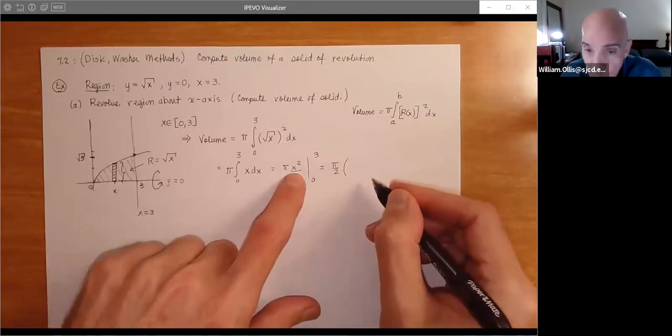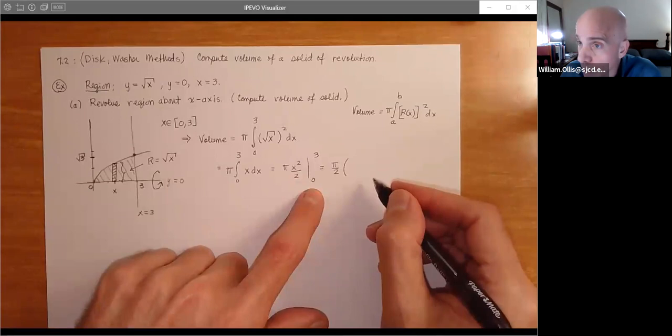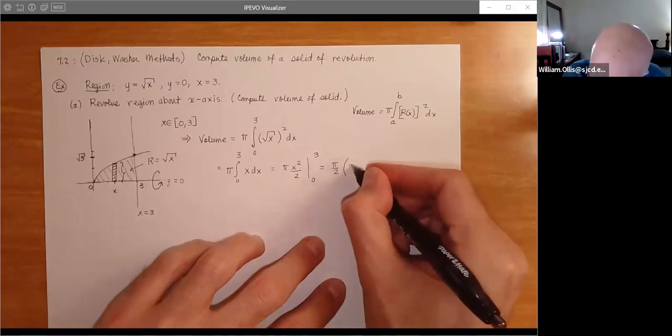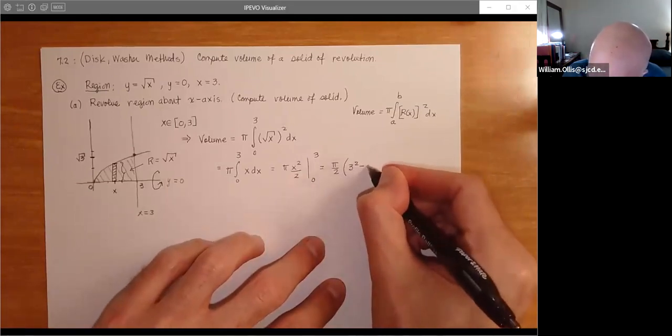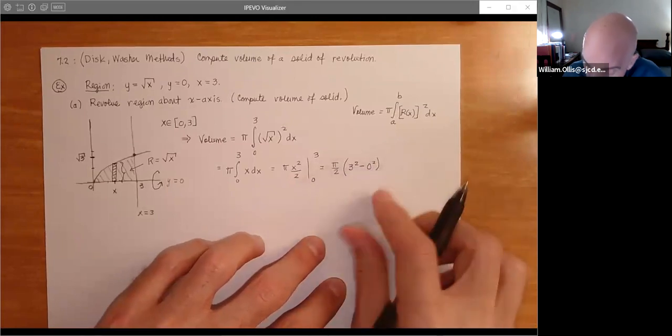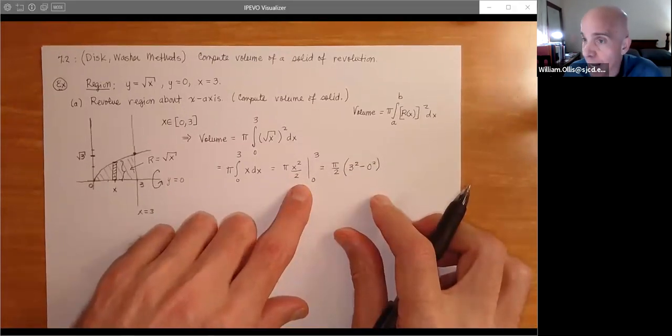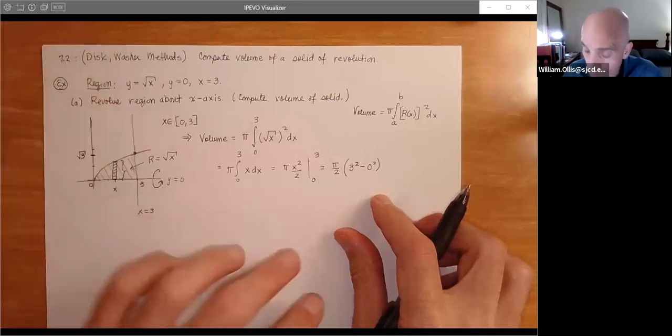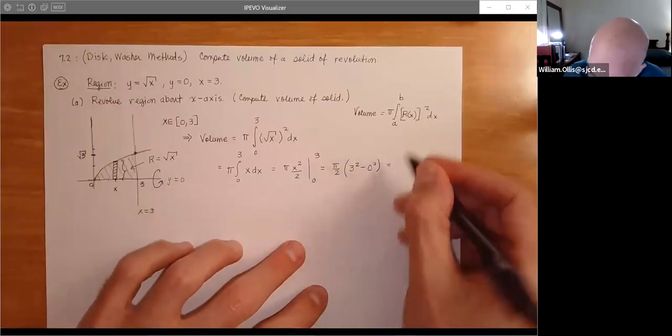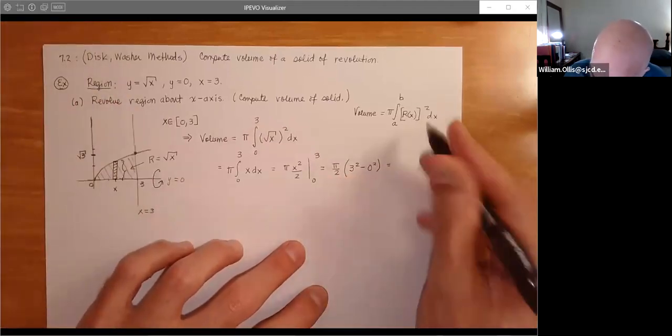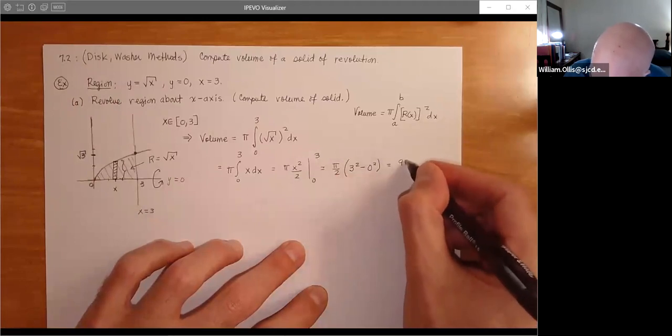And now we can substitute 3, but of course the lower limit 0. So we're going to get 3 squared minus, sometimes I'll just leave out the lower limit as long as we know that it's annihilated, just ignore it. And so of course now this will just give us a 9 times pi over 2, so 9 pi over 2.